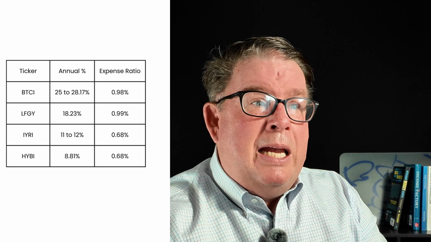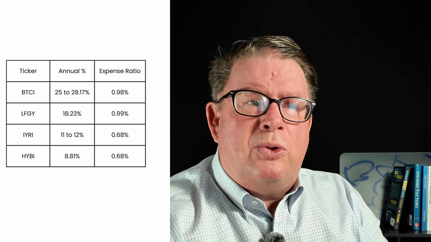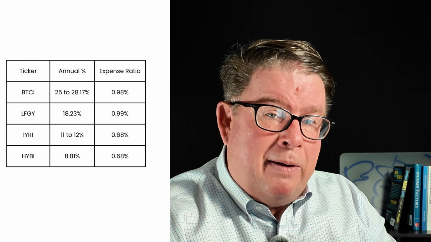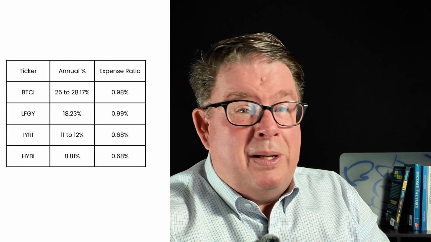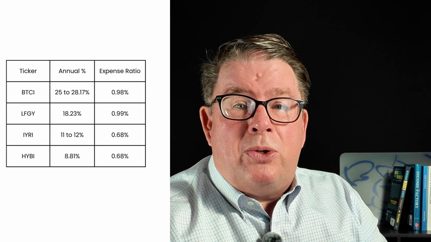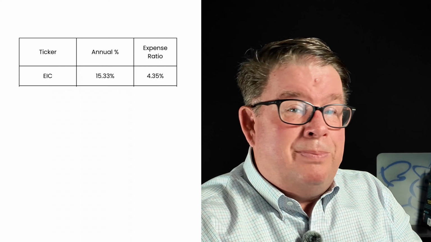Last time I looked at the website, it paid 8.81 with an expense ratio of 0.68. Now, it holds bond funds and it holds short-term treasuries. So it's really a hybrid between the two. It has both.